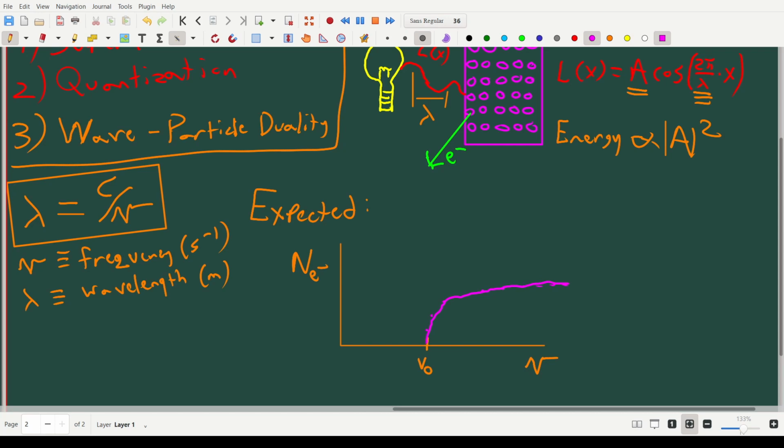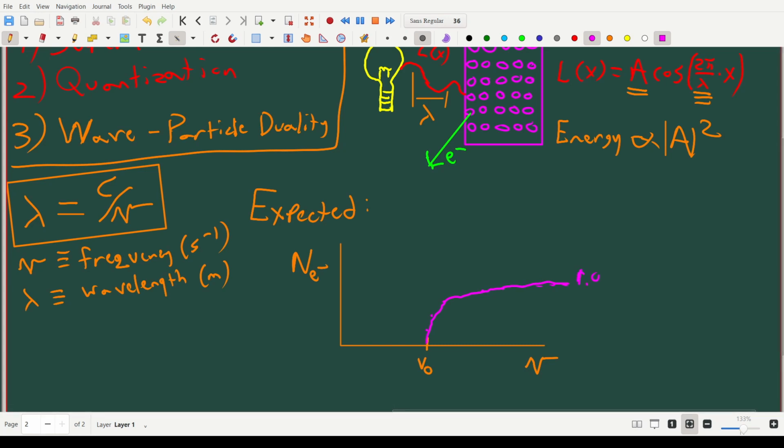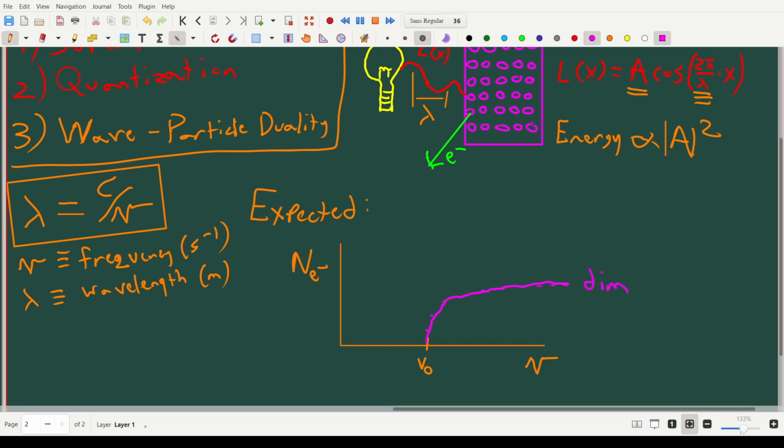So let's say this is just a normal brightness, the amplitude of this wave is small, so it's a dim light. And this is what we think. You don't have any signal because you don't have enough energy to kick that electron out, and then you have enough, and as you increase the frequency of your light, you get more electrons out up to a certain point. You're driving it harder and harder.